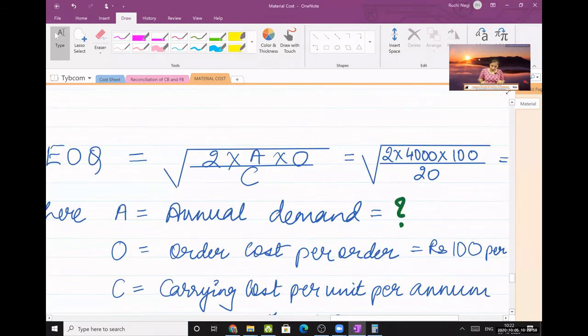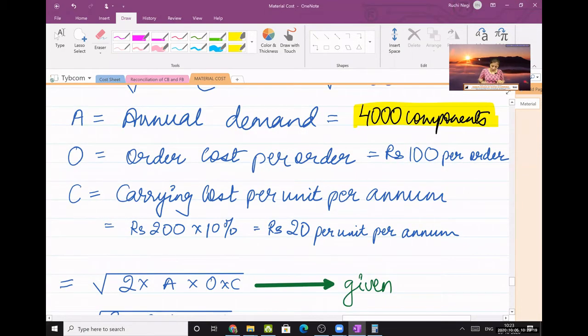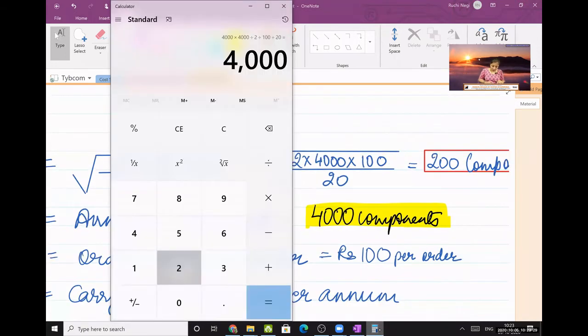Now substitute this here, 4,000. We just got this answer. See this. Then you substitute this in the above formula. 2 into 4,000 into 100 divided by 20 and press the square root sign.